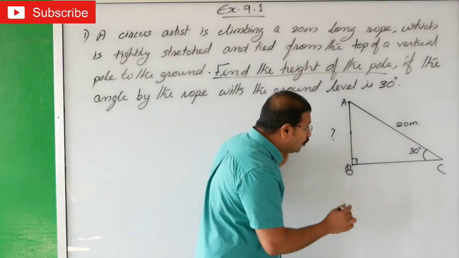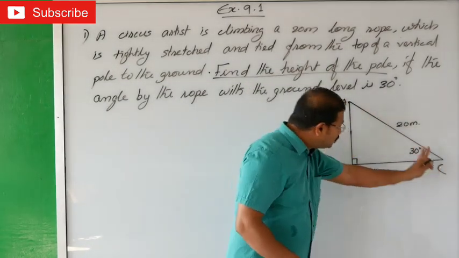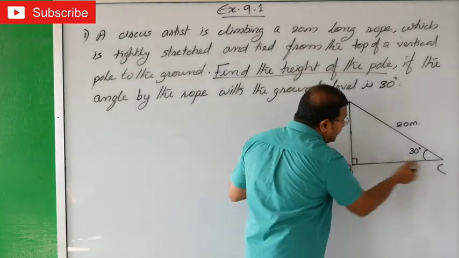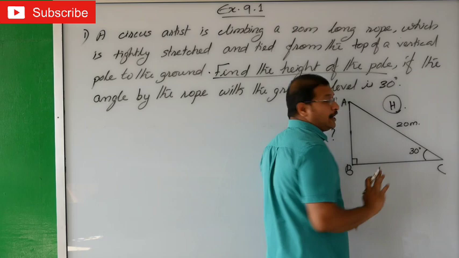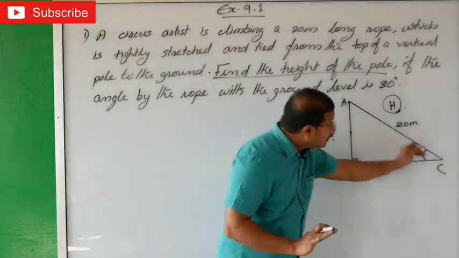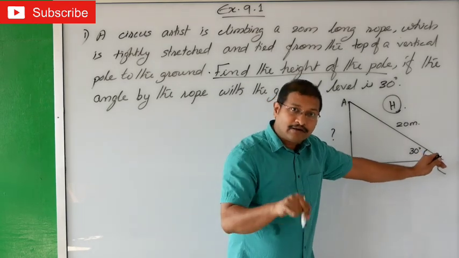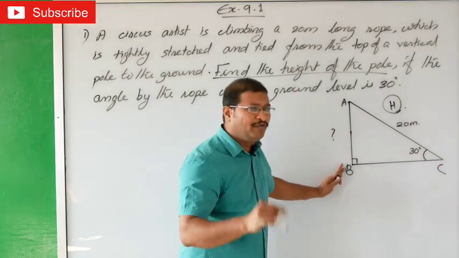Ready? So what is given? This part is given. So according to this triangle, the longer side is called hypotenuse. Ready? The longer side is called hypotenuse. So we got it, the longer side is already given. Now what do you want to find out? This AB, height of the pole we want to find out.